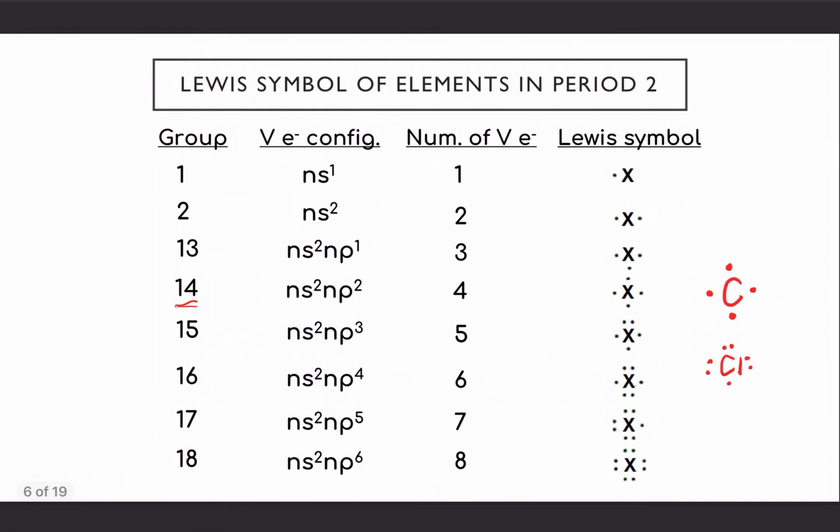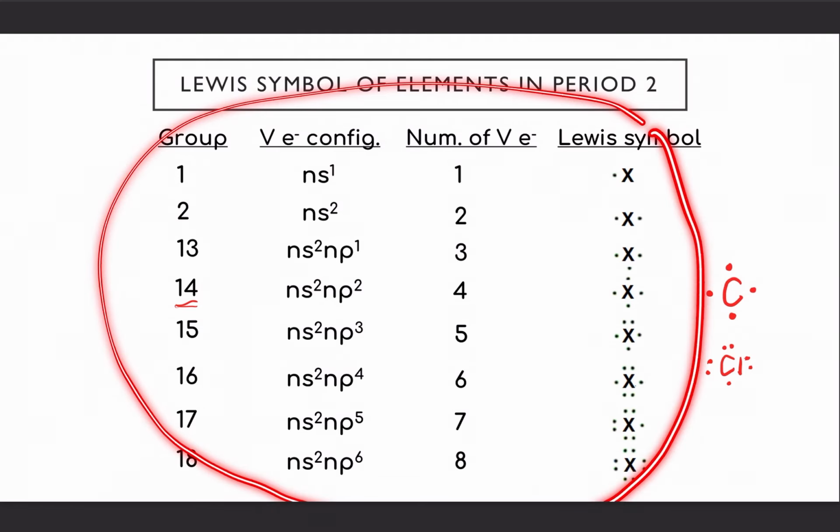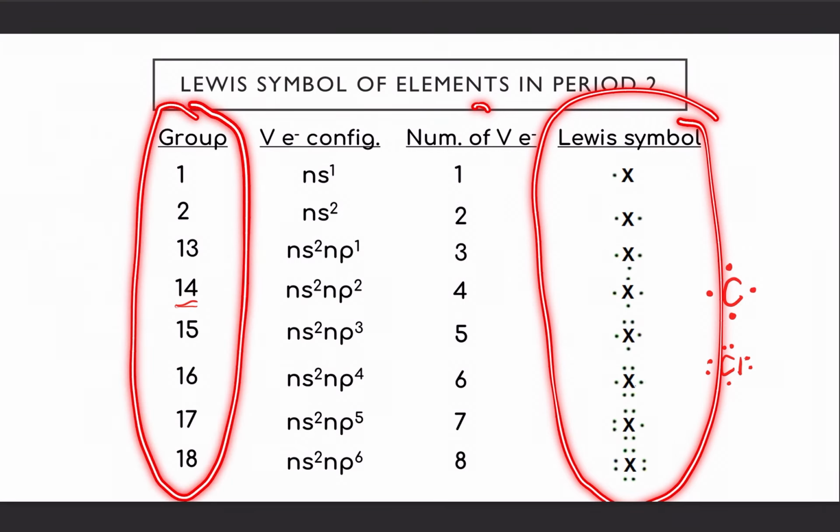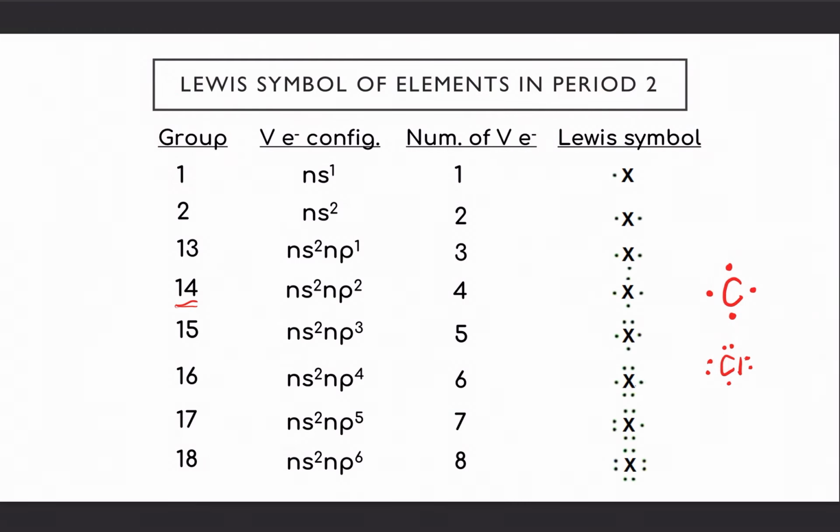So this is basically the summary of how you will draw the Lewis symbol for different group elements. Make sure to draw it accordingly. If you notice here, if there are two valence electrons, you will put them separately, not like this. This is wrong.